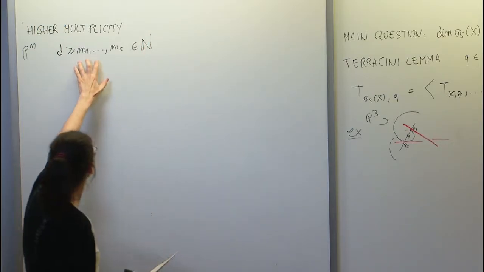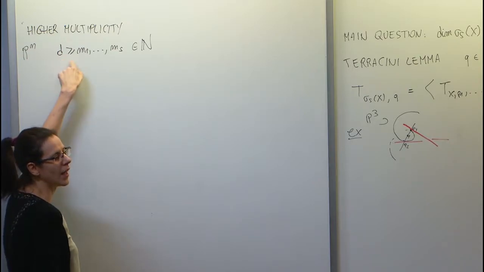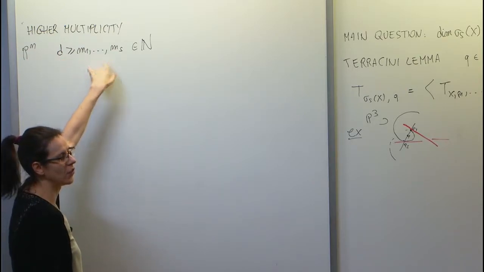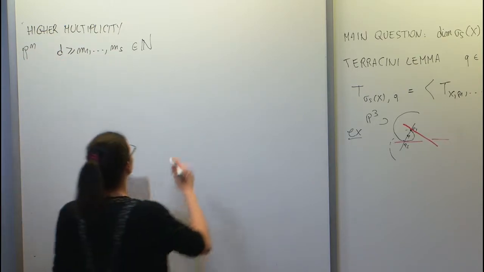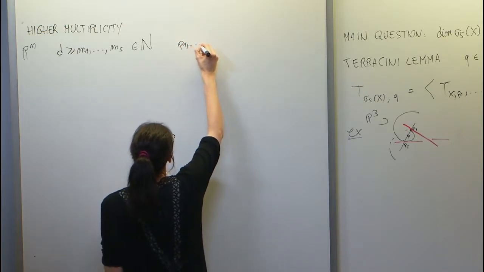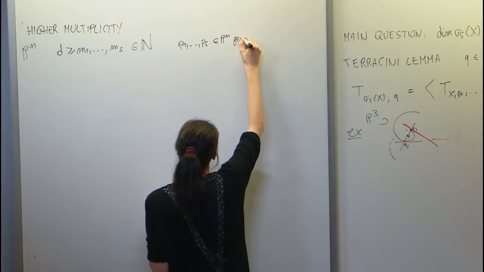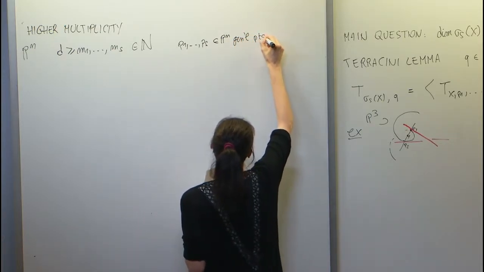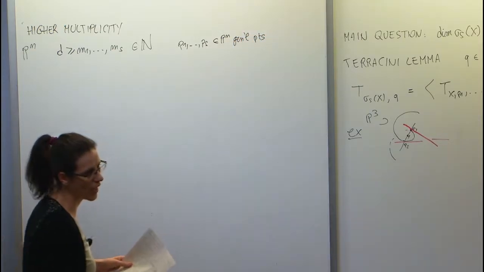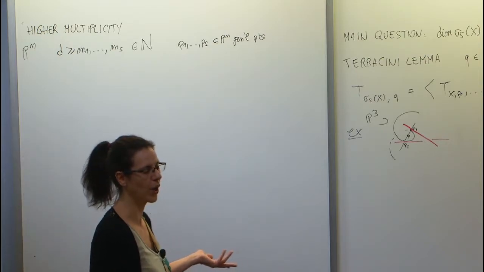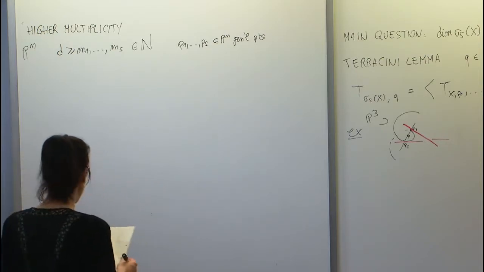This is going to be the degree, and these are going to be the multiplicities at a collection of s points. So I take p1, ..., ps in Pn, general points in general position. I don't want 3 of them on a line, I don't want 6 of them on a conic, and so on. They have to be general.